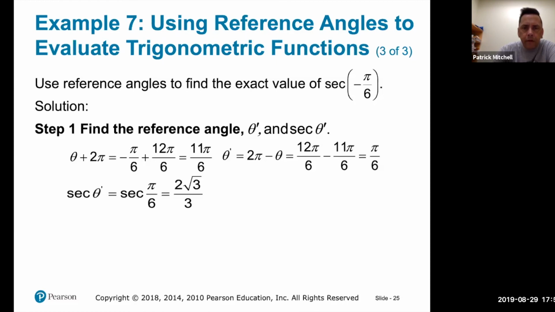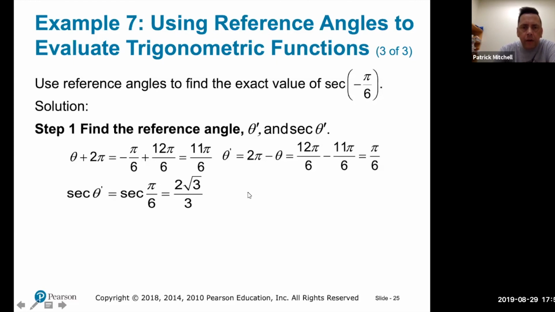Okay. Didn't really show my work here, but the secant of pi over 6 is the reciprocal of cosine pi over 6. All right, so I'll leave it to you to check that. Well, we know that the cosine of pi over 6 is square root of 3 over 2.